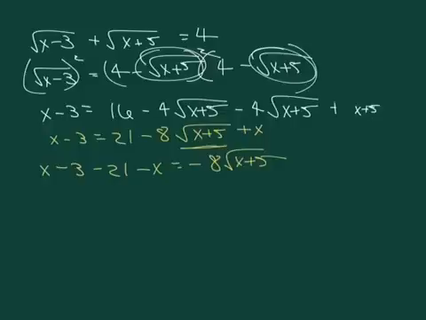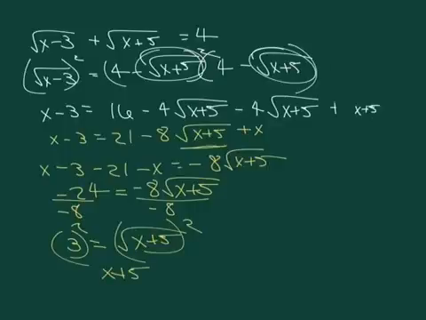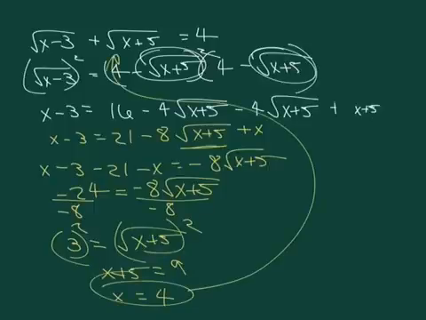That gives me negative 24 equals negative 8 square root of x plus 5. Divide by negative 8, divide by negative 8, gives me a positive 3 equals the square root of x plus 5. Okay, that's a lot easier. Square both sides, and I get x plus 5, no radical sign, equals 9, or x equals 4. Take 4, plug it back into the original equation, and it works, so that's a good deal.